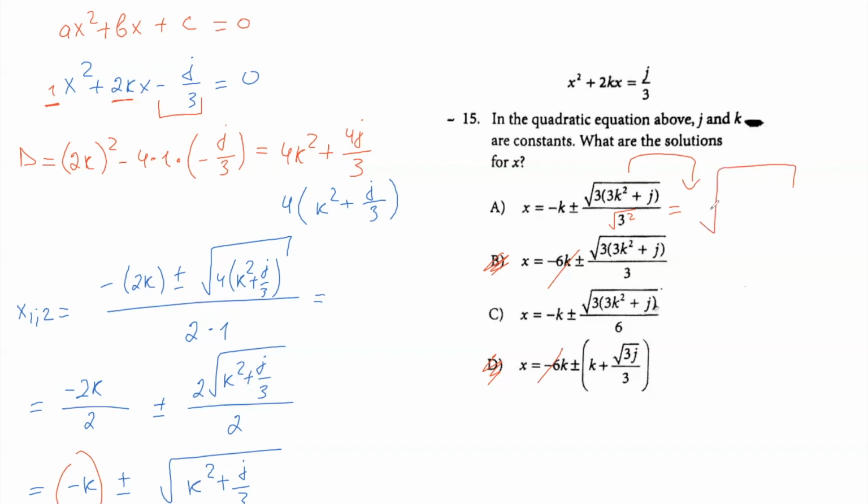Square root of 3 multiplied by, we can write it like 9k squared plus 3j divided by 9. If you write it separately, you will get 9k squared divided by 9 plus 3j divided by 9. That is going to be k squared plus j over 3. So as you see, it matches. The answer will be A.